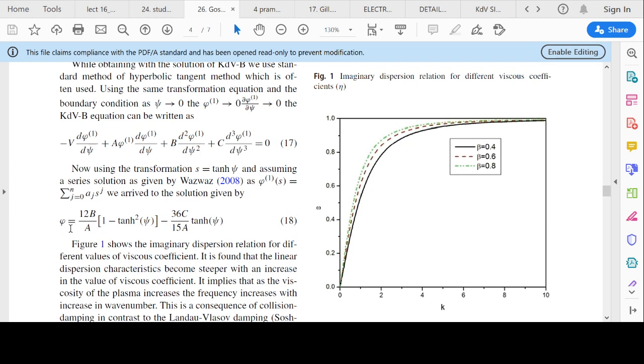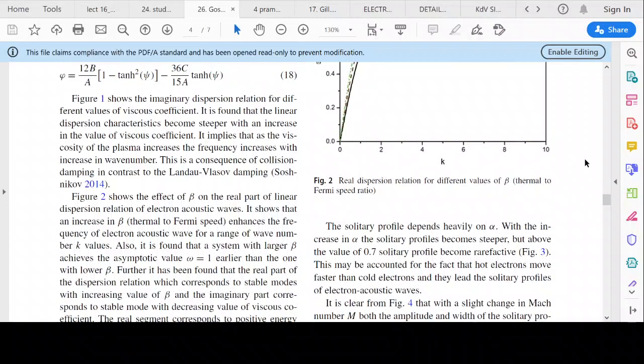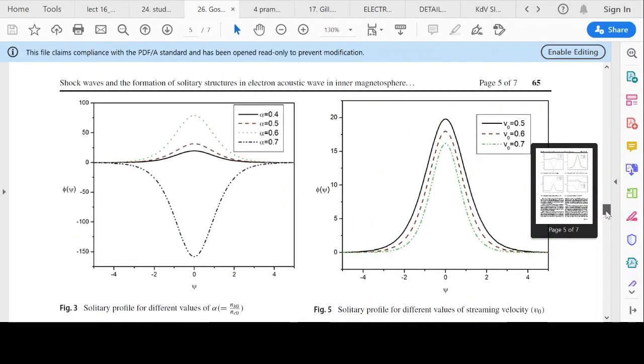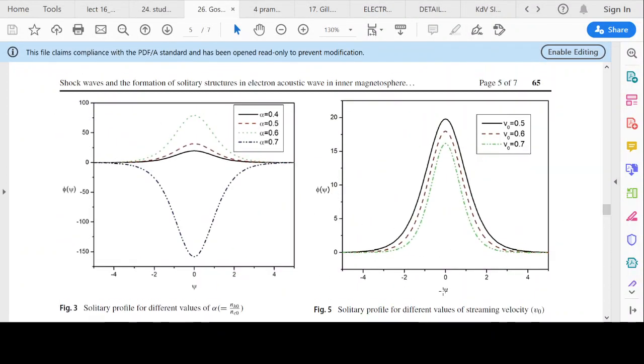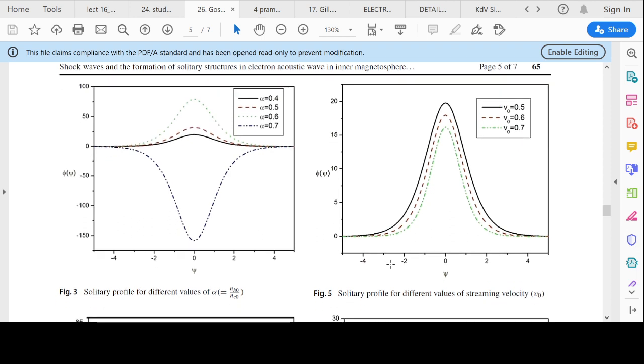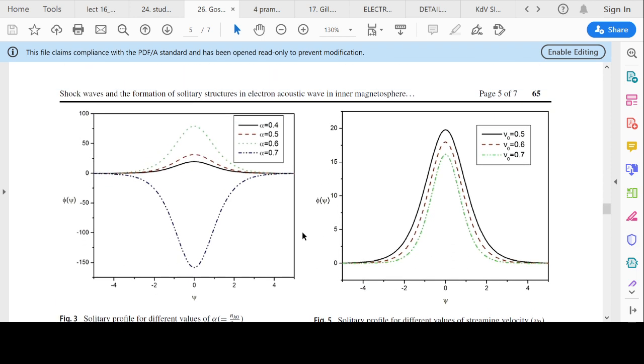So you can just use your available resources and plot graphs for the dispersion relation omega curve, and for the solitary structures you have a plot of phi versus xi. Here it is written psi. It is phi versus xi or eta, what you have often written here, eta. So that's how you can do it. Just study a bit. Okay, thank you.